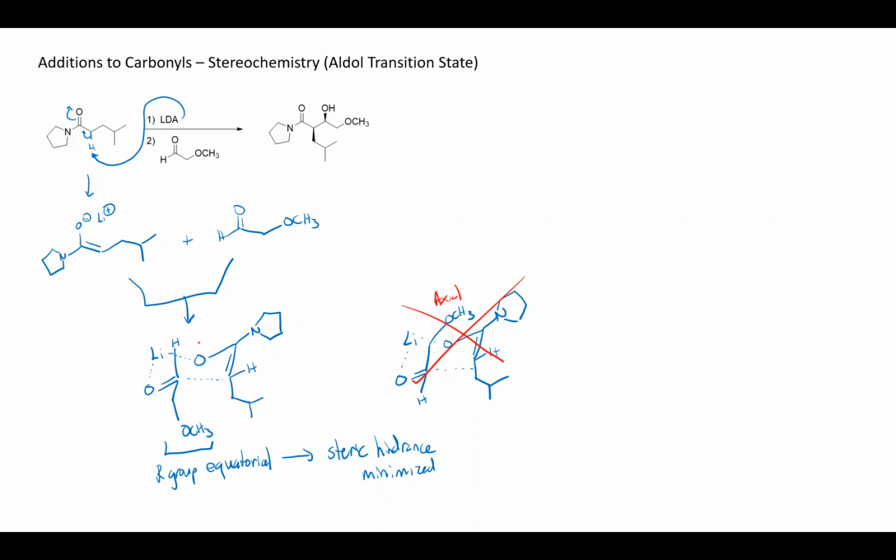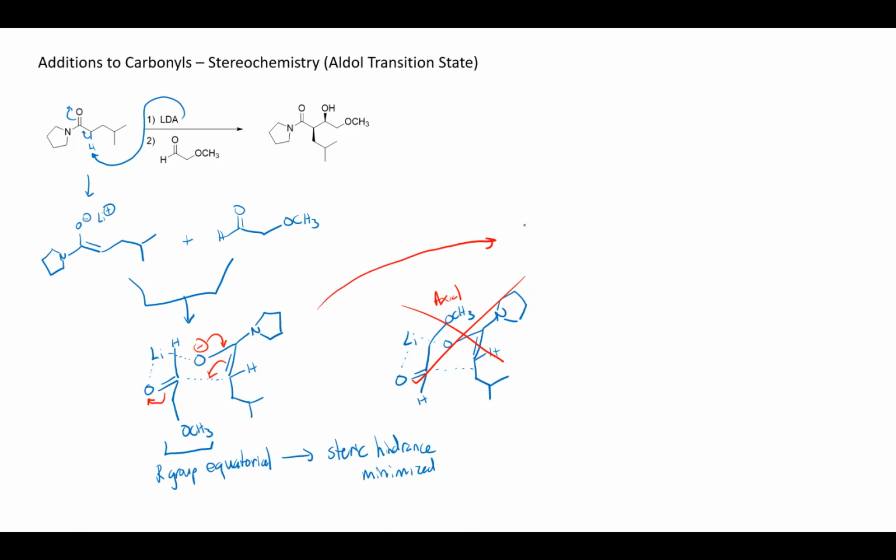So what does that mean? Well, now when this makes its bonds, the alpha carbon of the enolate adds to the carbonyl. Because the lithium is coordinating these two things, when we do this, we can get to a final product, and that's always going to be organized in the same way.